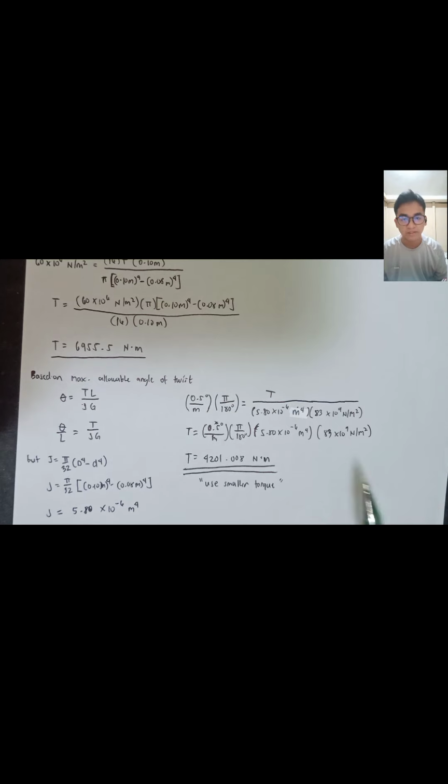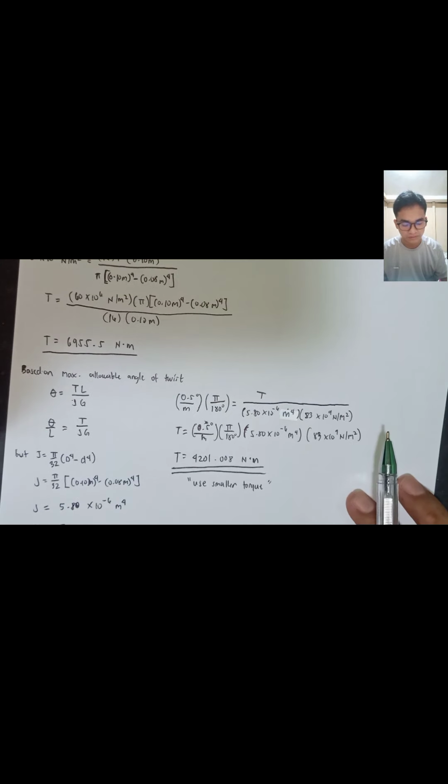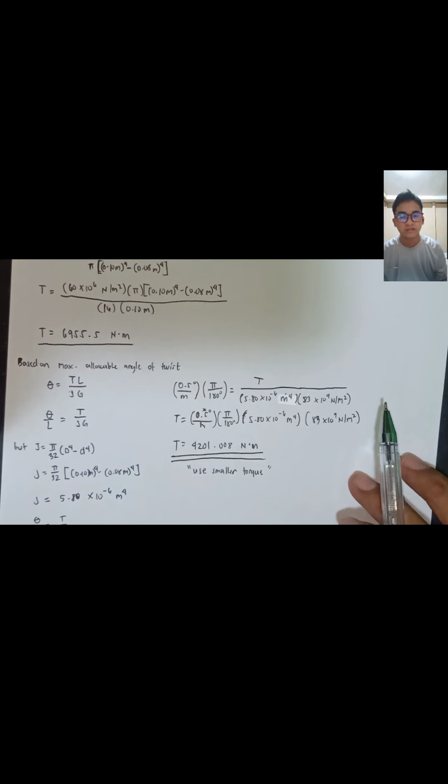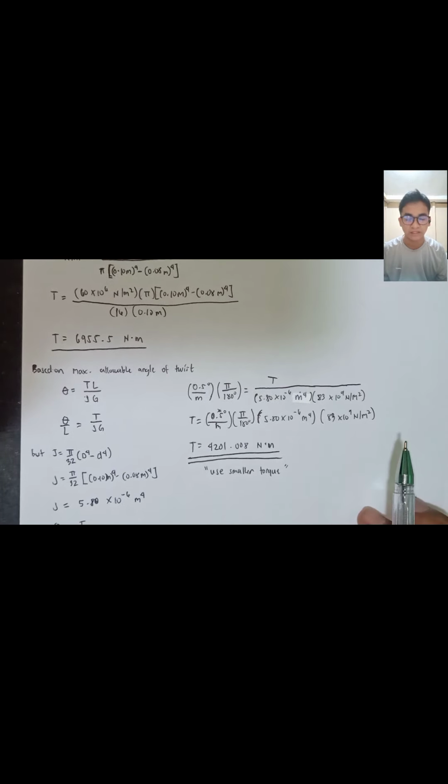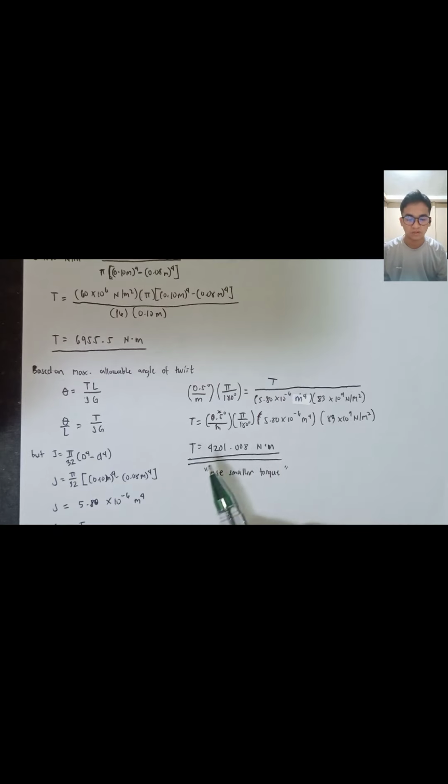Kaya ang mas pipiliin natin is yung mas maliit, yung smaller torque, para mas maliit yung stress din na makuha nung circular steel shaft natin. Kasi yun yung purpose talaga. Kaya inaalam natin yung twisting moment ng materials.